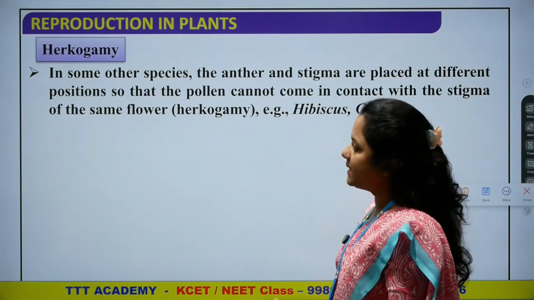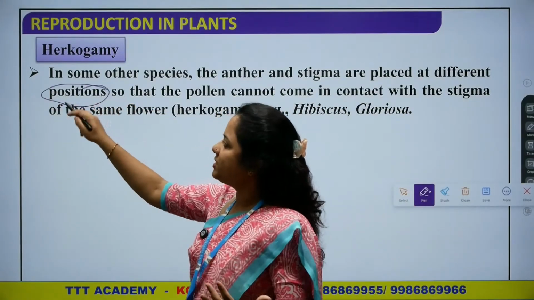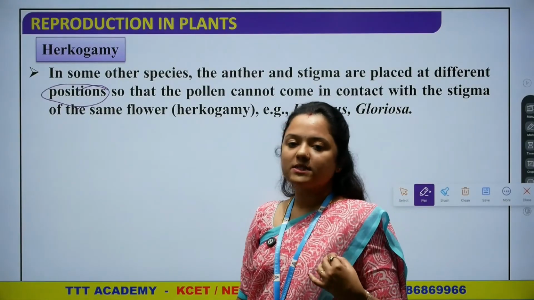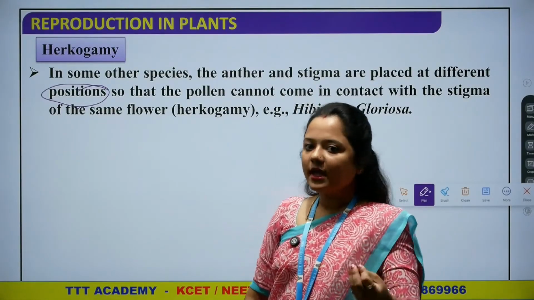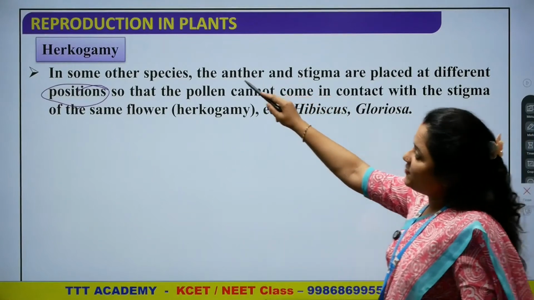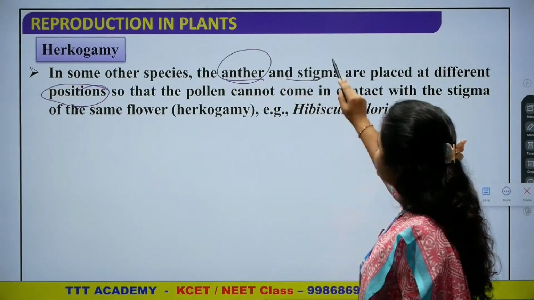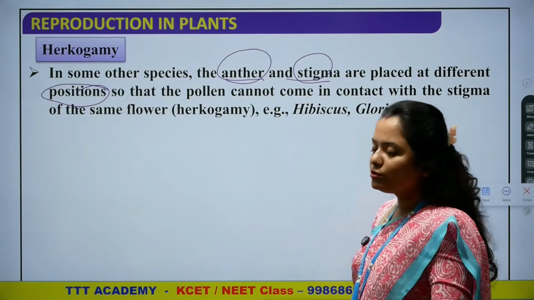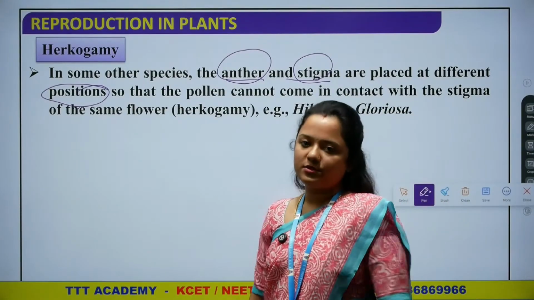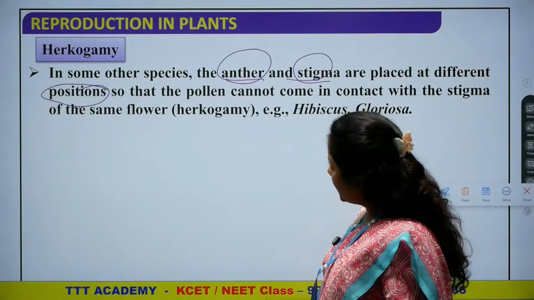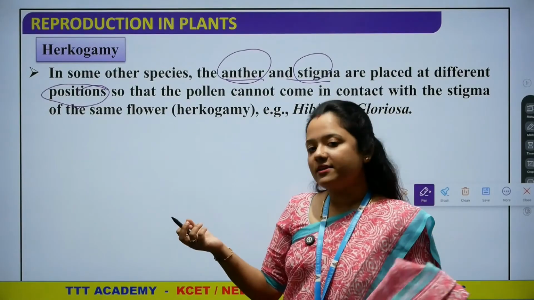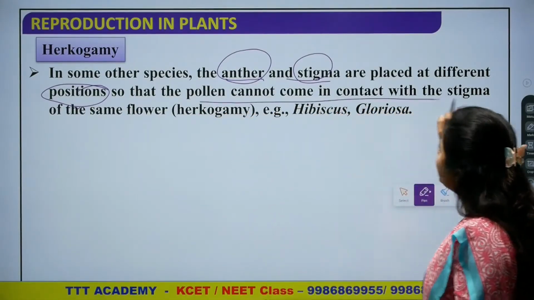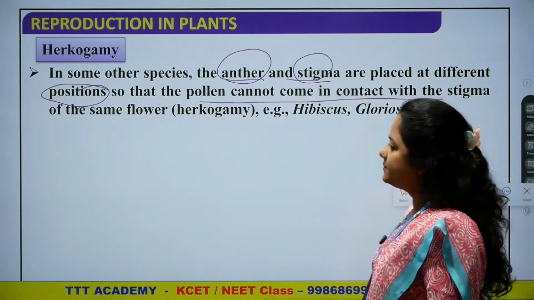But in hercogamy, position is what matters now. There is a difference in the location of both the gametes. The anther and stigma are placed at different positions. So that also becomes one of the hindrances for pollination. Pollen cannot come in contact with the stigma, guys.